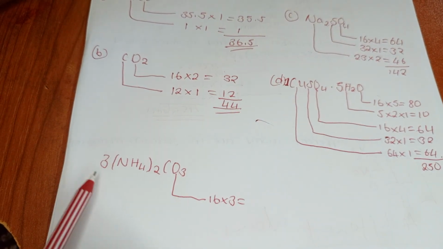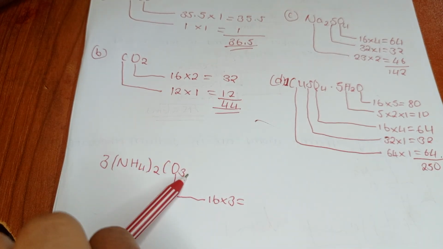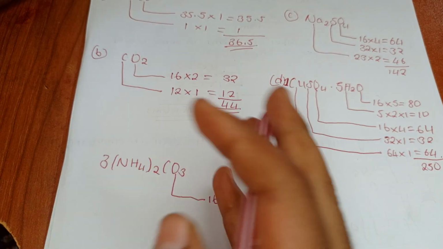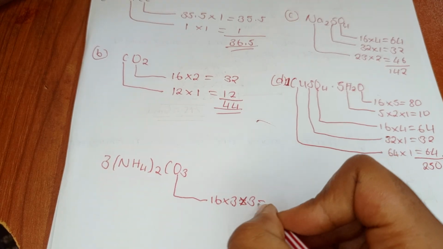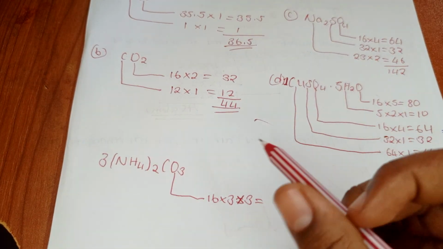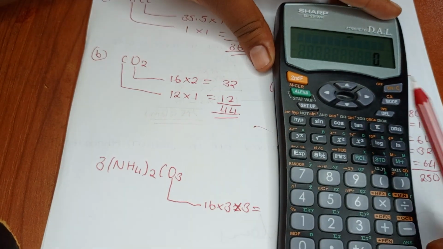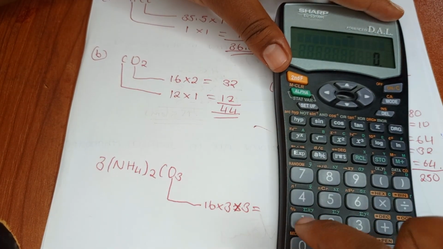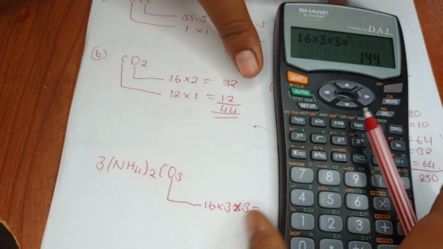sorry, I forgot to include that this 3 is going to be multiplied by the whole equation. So we're going to write by 3 here, which is going to give us 16 by 3 is going to give us 144.